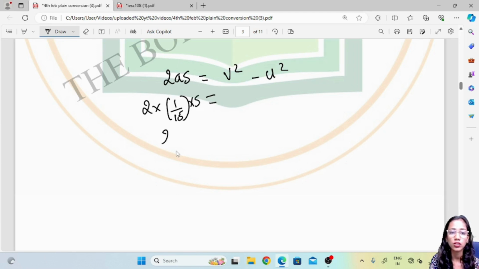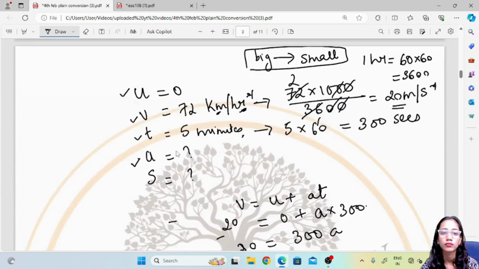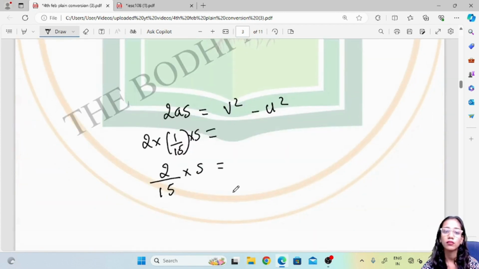So this is 2 upon 15 into s. So this will be v square. Now what is v square? It's 20 square minus 0.